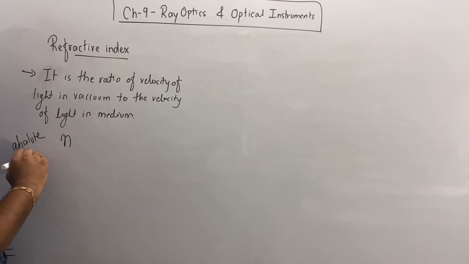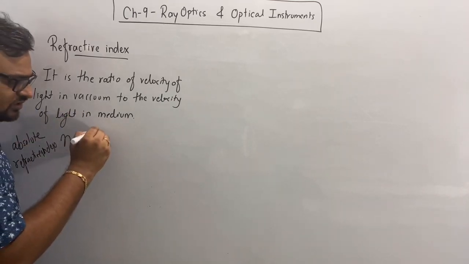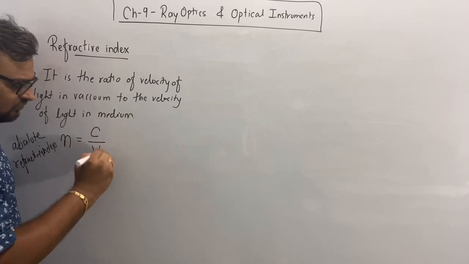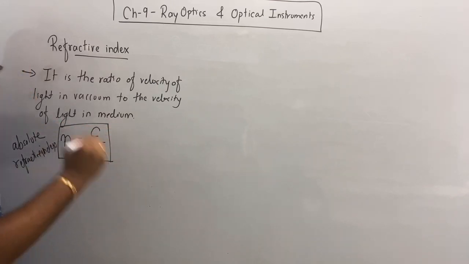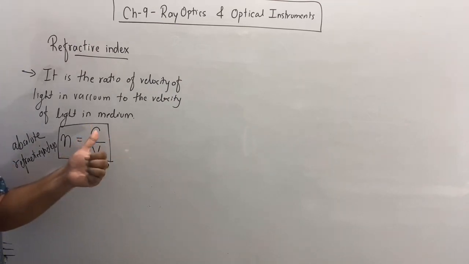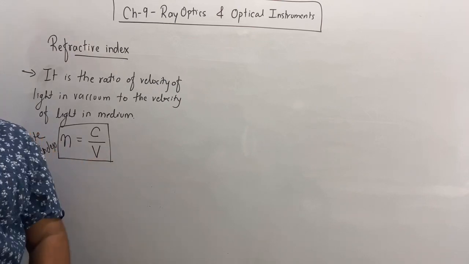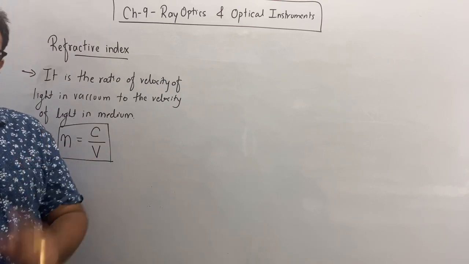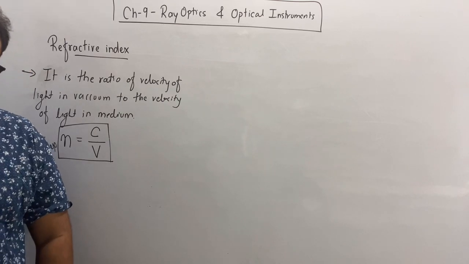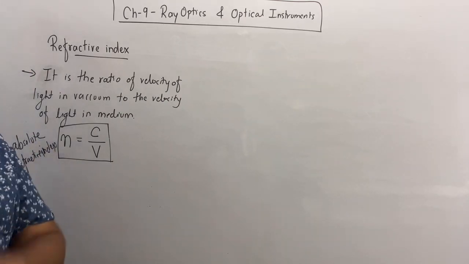Okay, so the formula for that, this is absolute refractive index. So this is equal to C by V, where C is velocity of light in vacuum, that is 3 into 10 raised to 8, and V is the velocity of light in medium. Right? So let's take for medium 1.